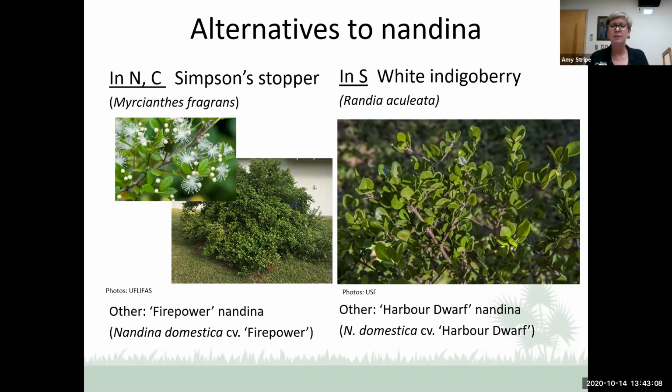Get rid of that heavenly bamboo and put this in instead. Another cultivar of Nandina domestica that is safe for South Florida is Harbor Dwarf. So just make sure if you're buying one of these Nandina domesticas, you're getting a safe cultivar.